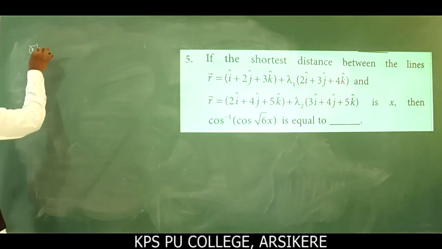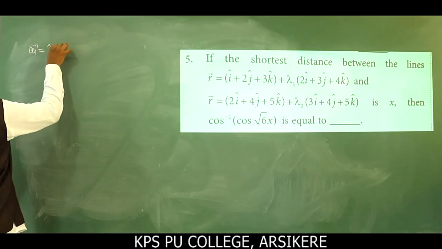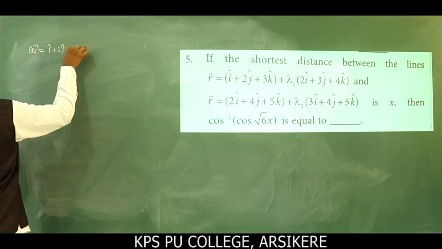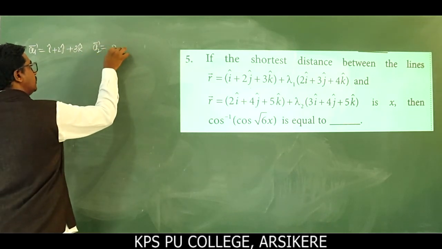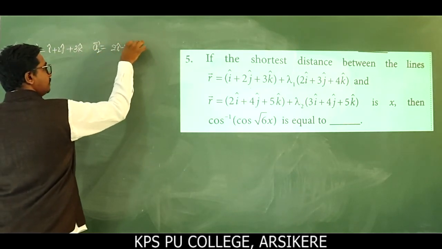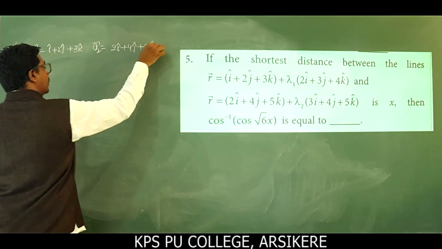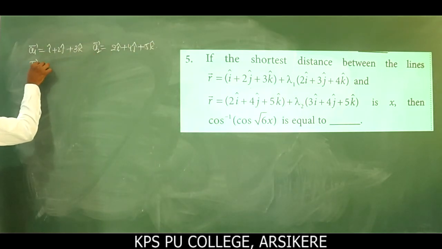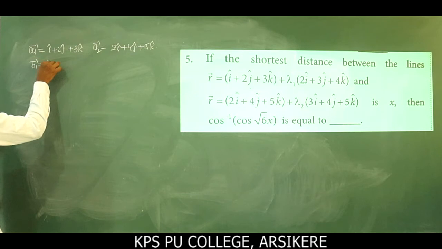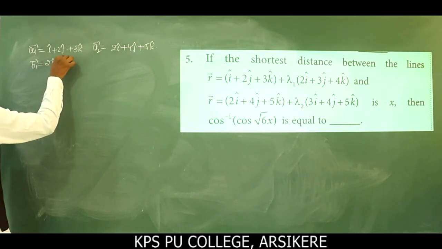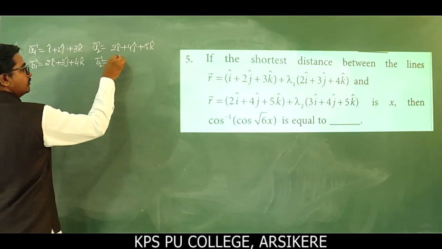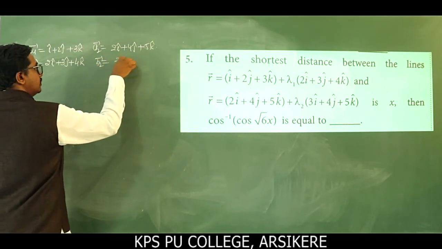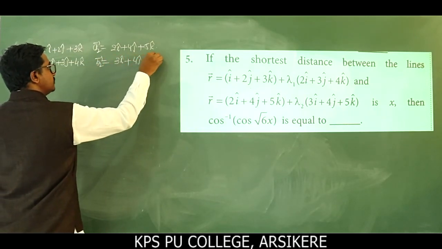Vector a1 is equal to i cap plus 2j plus 3k cap and vector a2 is equal to 2i plus 4j plus 5k, vector b1 is equal to 2i cap plus 3j plus 4k and vector b2 is equal to 3i plus 4j plus 5k.